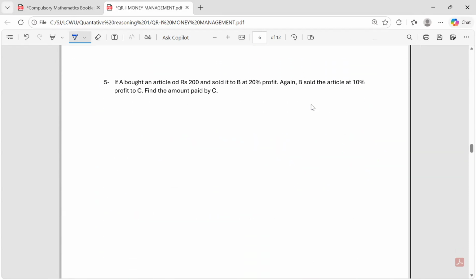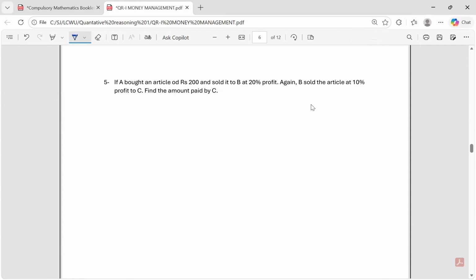Next, question 5. A bought an article for 200 rupees and sold it to B at a 20% profit.